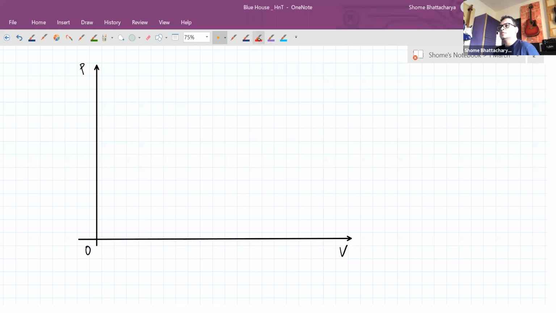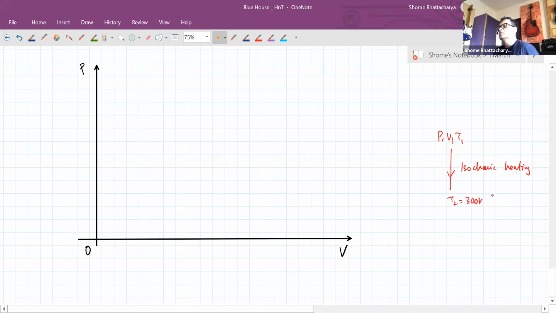So we saw that we are going from a state of P1, V1, T1 via an isochoric heating process, because we're increasing the temperature to T2, which is 300 Kelvin. P1 was 1 atmosphere, volume was 2 liters, and temperature was 200 Kelvin.